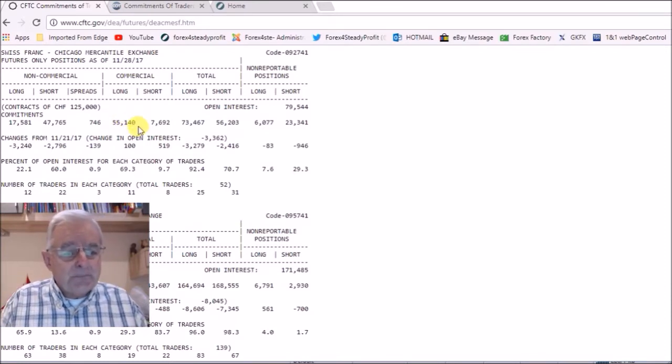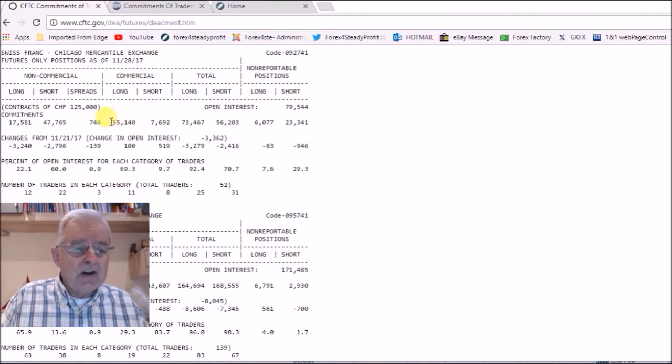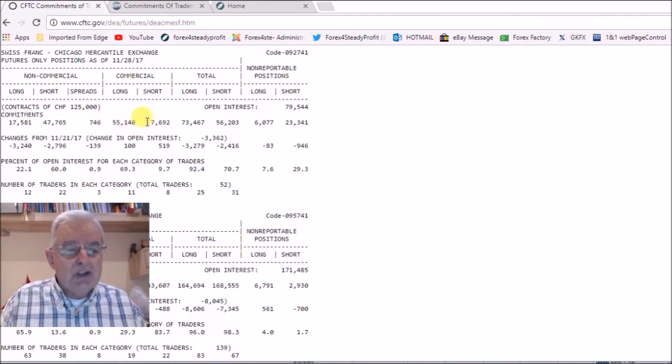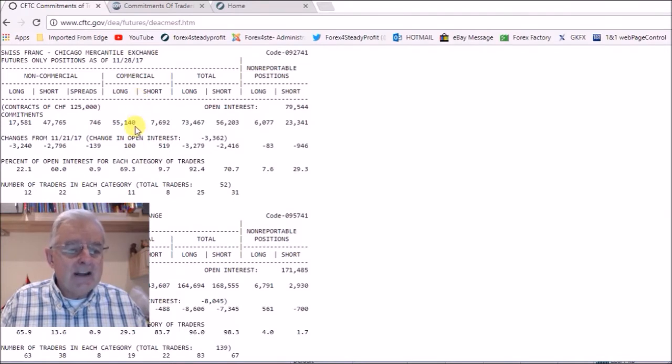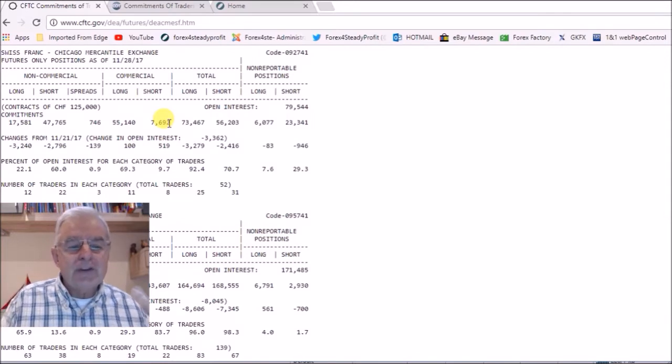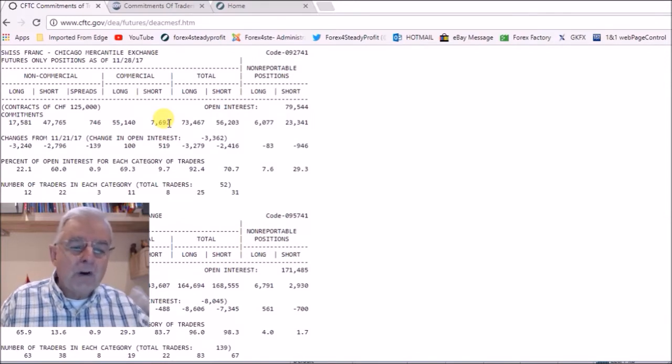So if you look at the long position and the short position, there is a ratio between longs to shorts. And in this case, the Swiss franc, the commercials have a long ratio of just over 7-1. So for every 7 contracts they've got out long, they will have 1 contract short.